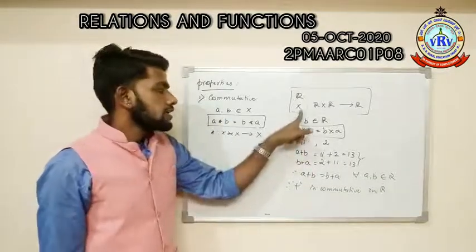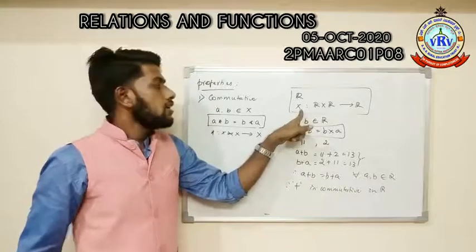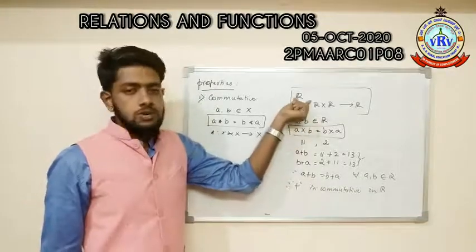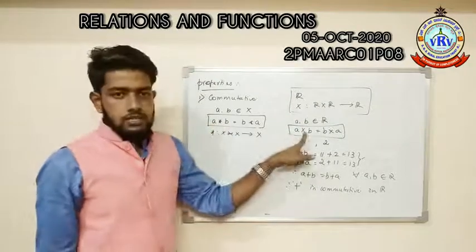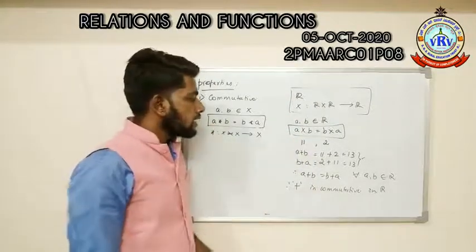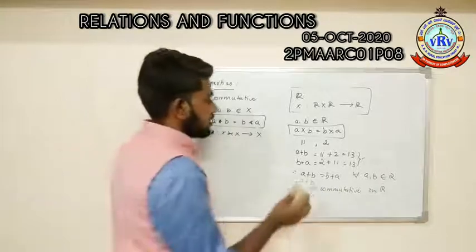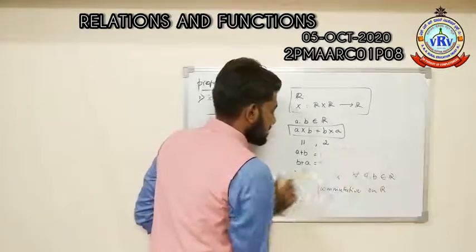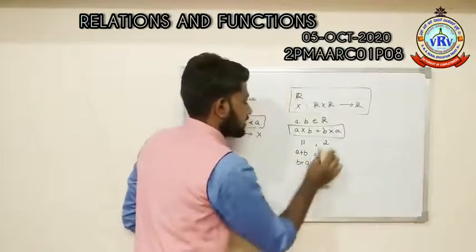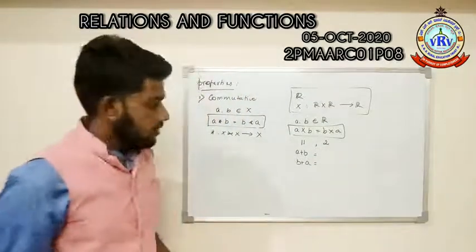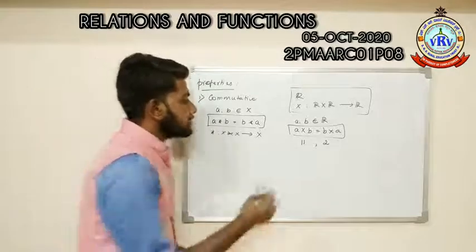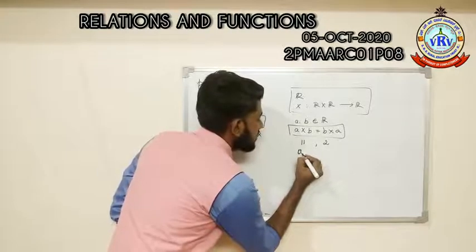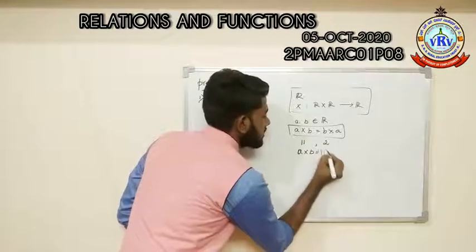Here we are considering the multiplication, or we are checking whether multiplication is commutative under the set R. So the star becomes the multiplication. Okay. Again I am considering the same numbers, A as 11 and B as 2. Then on the left hand side, if I calculate, A into B is equal to 11 into 2.